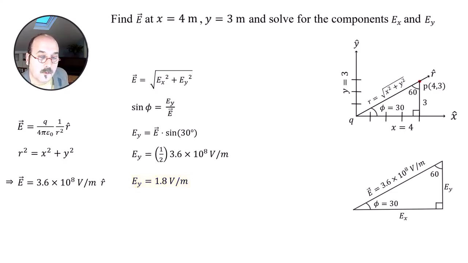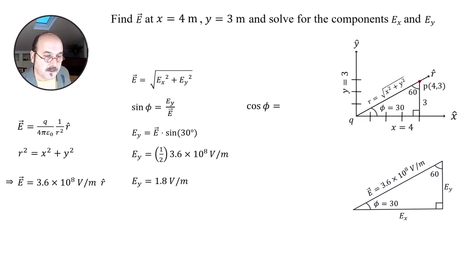And now we'll make some space over here, and we'll go ahead and solve for the X component. So to do that, you could use 60 degrees, you could use 30 degrees. I'm going to go ahead and say cosine. We know that cosine of phi is going to equal the adjacent component.